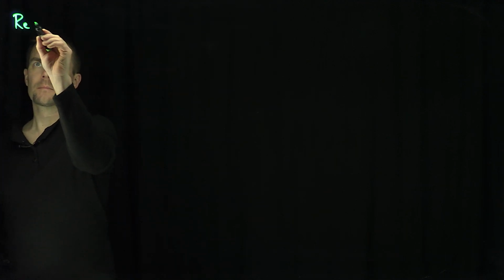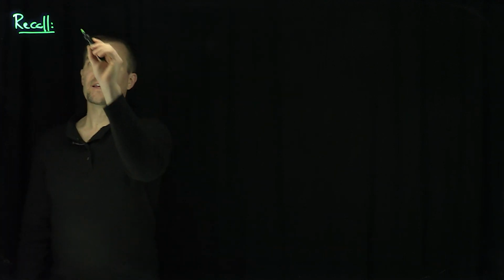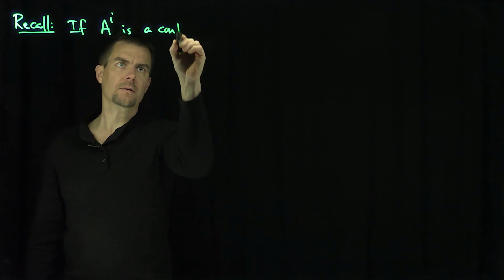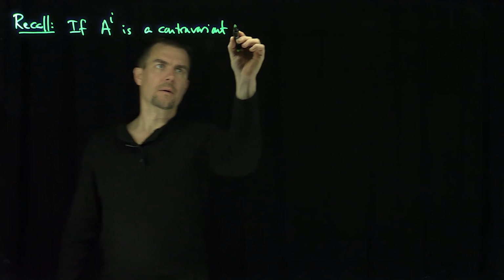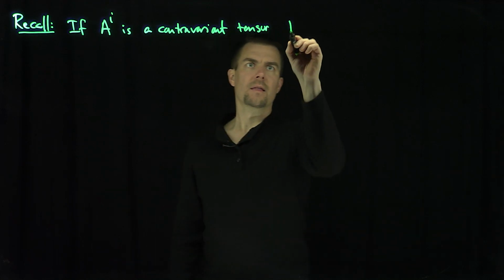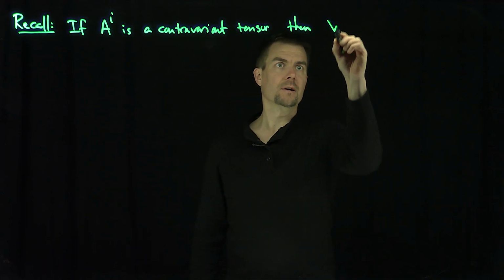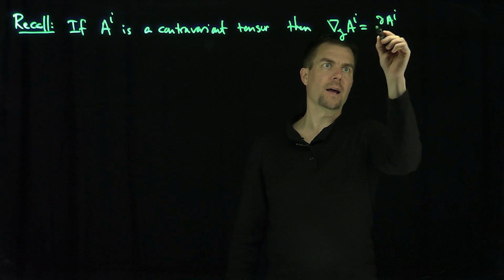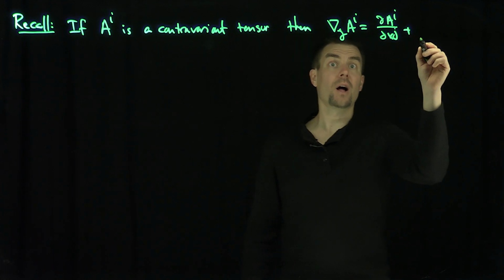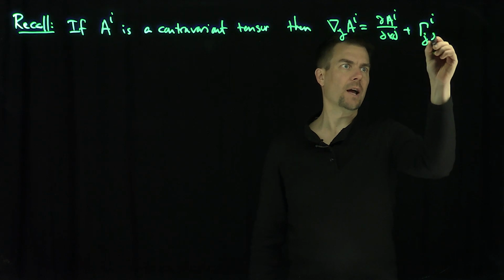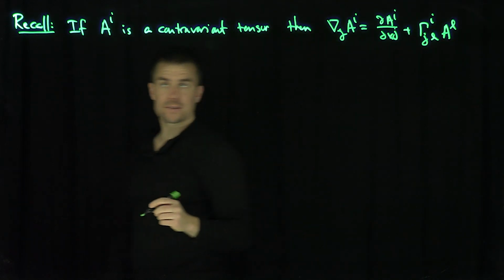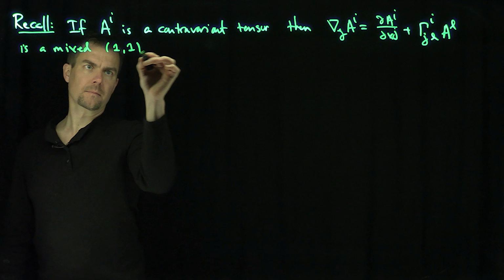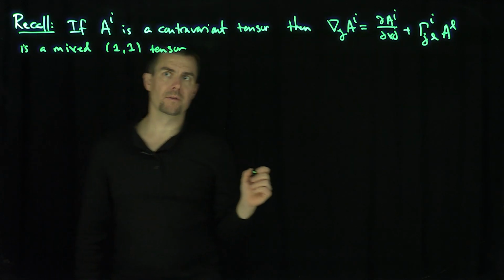Let's recall that if A^i is a contravariant tensor, clearly of order 1, then this operation over here, the jth covariant derivative of A^i, defined to be ∂A^i/∂x^j plus Γ^i_{jl} A^l, is a mixed 1-1 tensor called the covariant derivative.